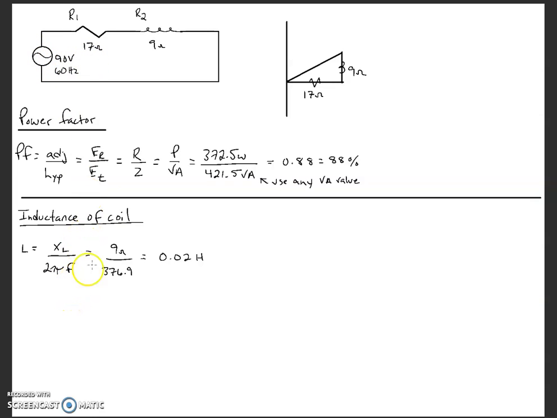So the frequency is relative to your power source. So the frequency here is 60 hertz, so 2 pi times 60 gives us the 376.9, so we end up with 0.02 henries, and that's the inductance of the coil right here. So that was just a couple of extra things added in there, and that's it for that video.